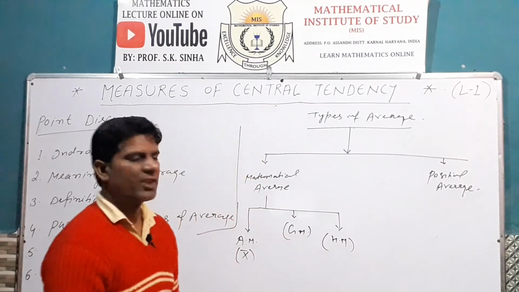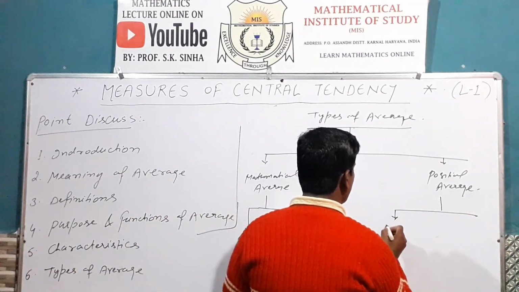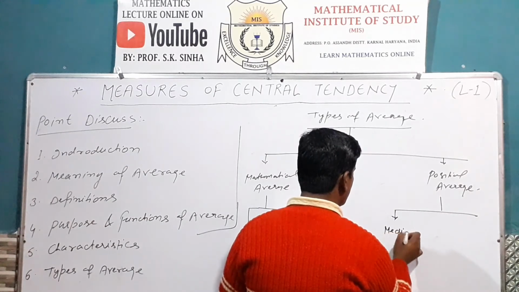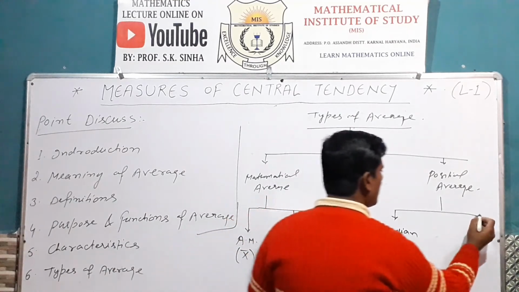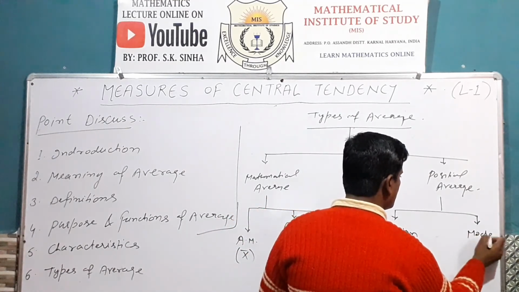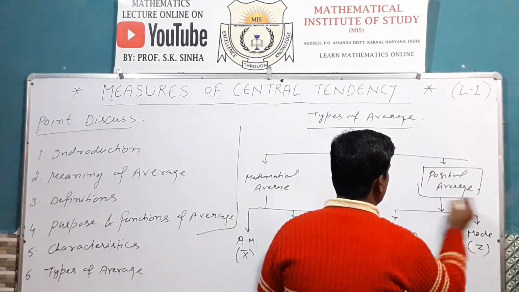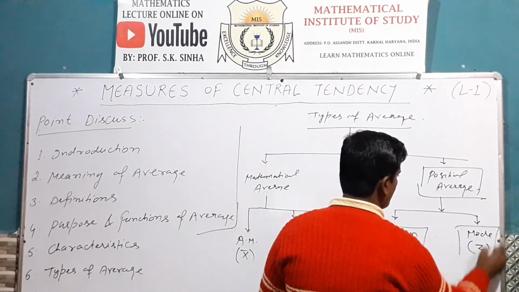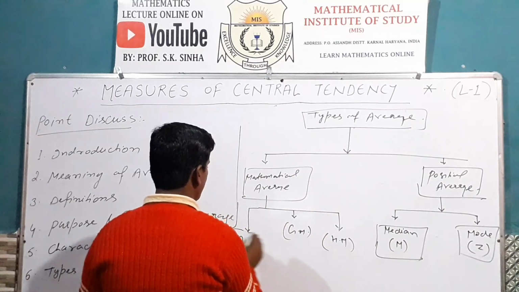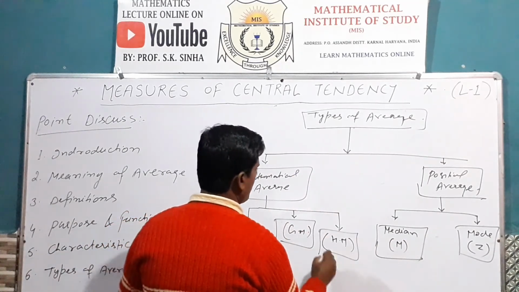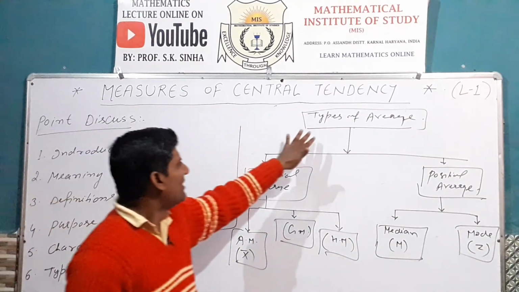Look, students. And the positional average: number one, median, denoted by capital M, and mode, denoted by Z. So this is the chart of types of average.